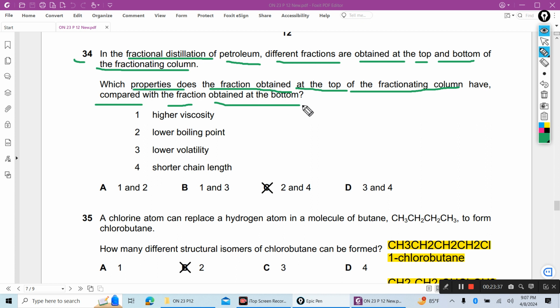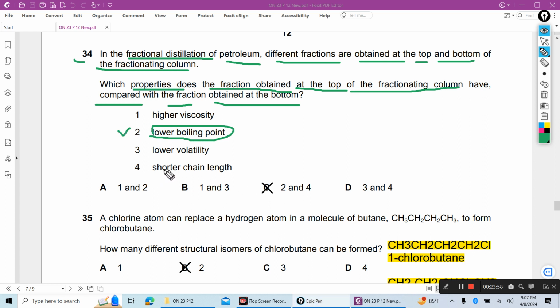In the fractionating tower, at the bottom the temperature is high, at the top it is low. So at the top will be lower boiling point, so 2 is the correct answer.